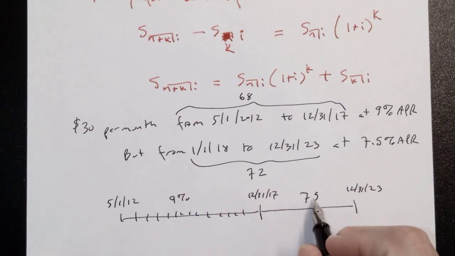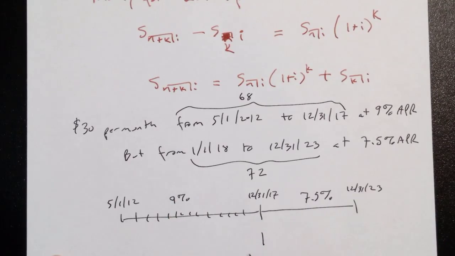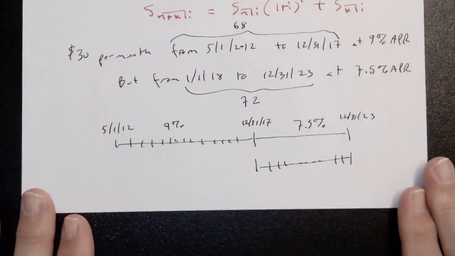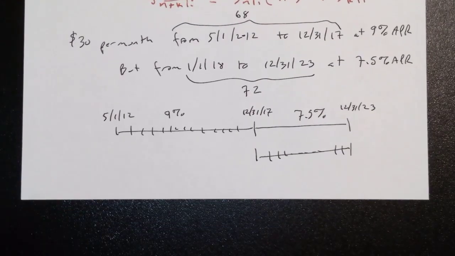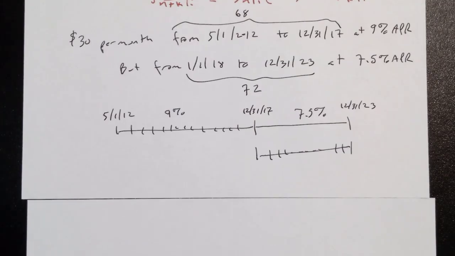This part is at 7.5%. Then this series of payments is at 7.5%. So there are two different calculations we need to do here. We need to calculate the future value of the annuity for the top line and then bring it forward in time. And then we need to calculate the value of the annuity on the bottom line. The one on the bottom line is just one calculation.